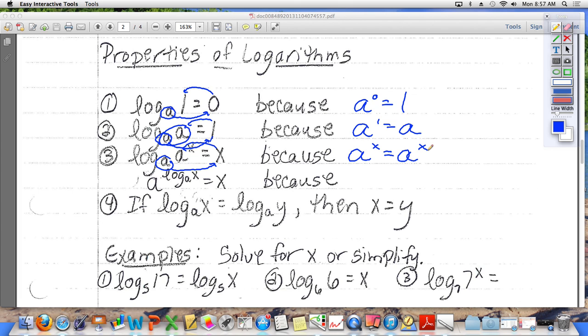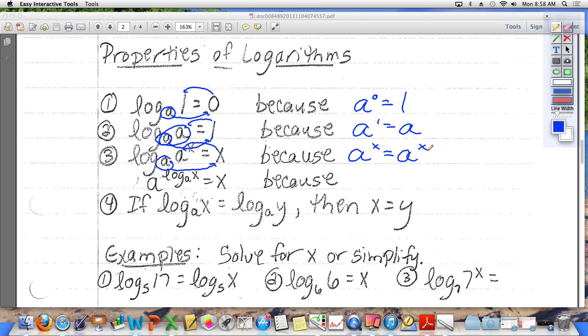This right here, A to the log base A of X is equal to X. What form is this in? Is it in exponential form or is it in logarithmic form? It's in exponential form, and it looks like logarithmic form because we have the word log in it. But the problem is logs always say log of something. This is not the log of something. This is A to the power with a log of it.